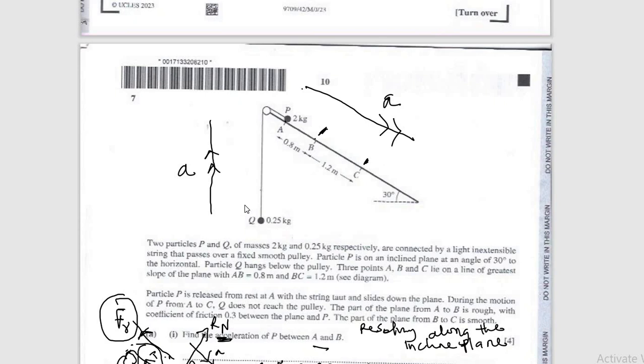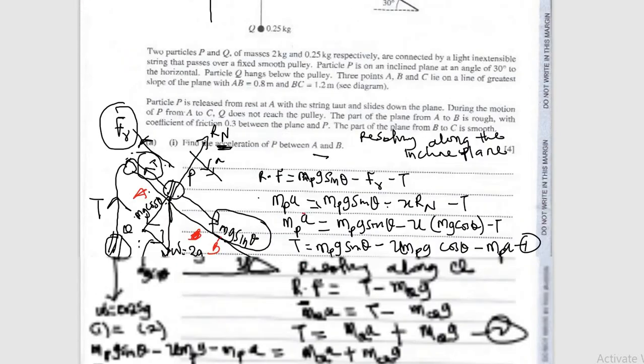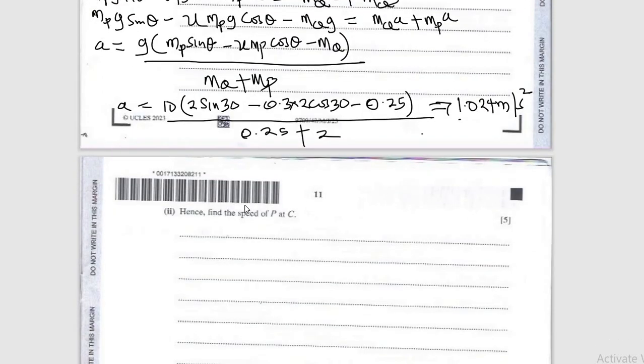So now, remember that at A, the mass is held at rest, so the velocity is 0.